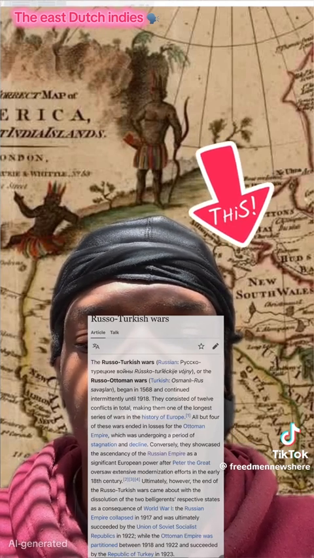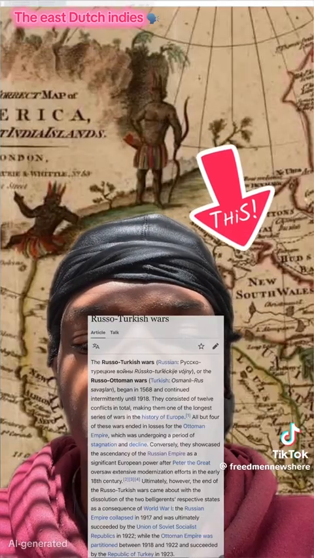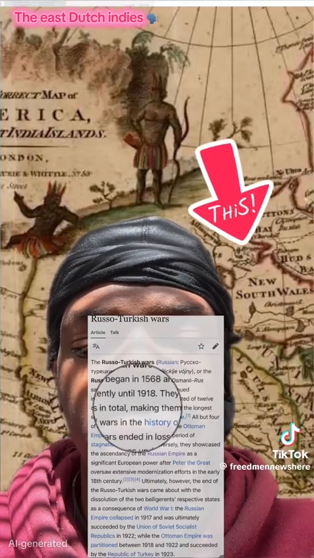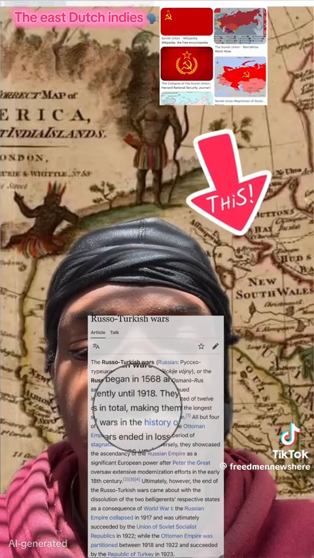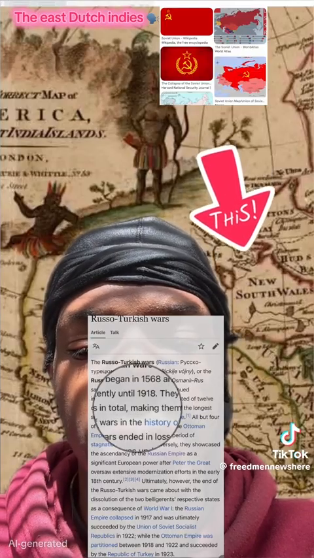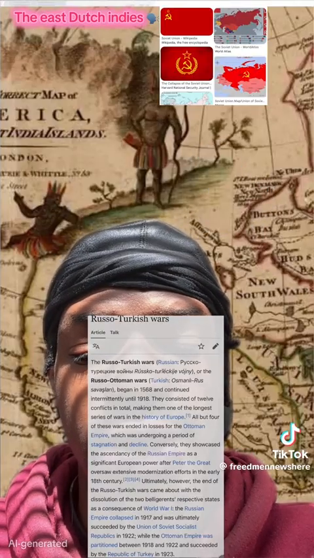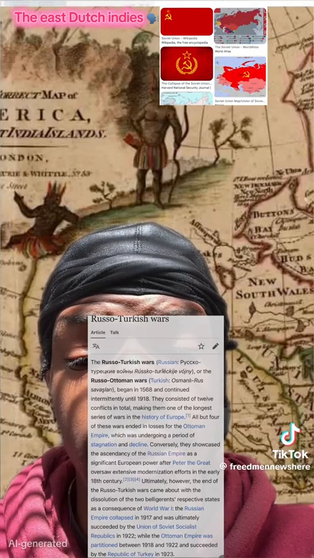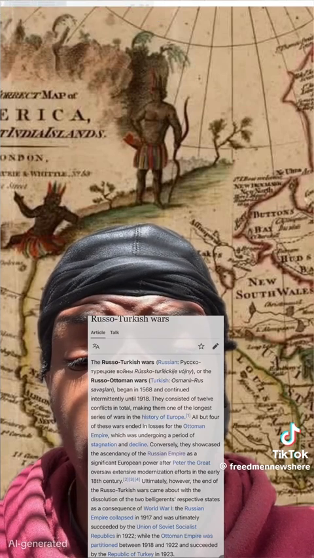Controversially, they showcased the ascendancy of the Russian Empire as a significant European power after Peter the Great oversaw extensive modernization efforts in the early 18th century. Ultimately, however, the end of the Russo-Turkish wars came about with the dilution of the two respective states. As a consequence of this, the Russian Empire collapsed, ultimately succeeded by the Union of Soviet Republics in 1922, while the Ottoman Empire was partitioned in 1918.